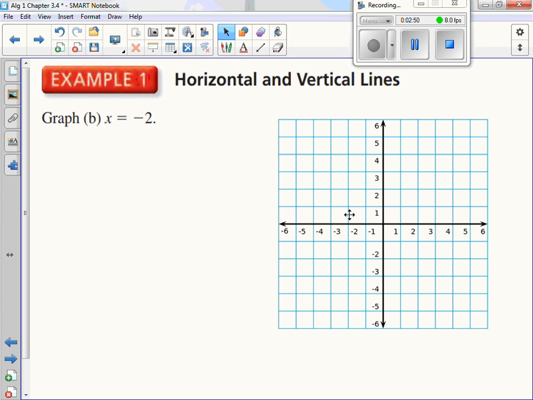Now the next one we have is x equals -2. Would this be a horizontal or vertical line? It would be vertical because x equals is vertical. It's straight up and down. So we can find a point where x is -2, which would be right here, yes? That's also all the points above and below it because that's where x is -2.